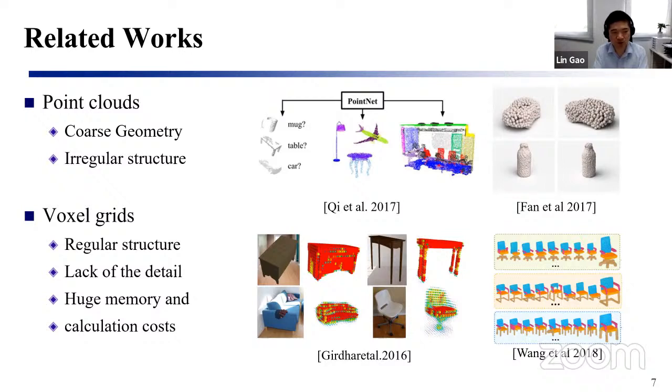But voxel grids usually lack geometry detail, and they use huge memory and take lots of calculation cost. So it is easy to develop the neural network, but it is not convenient for the computer.